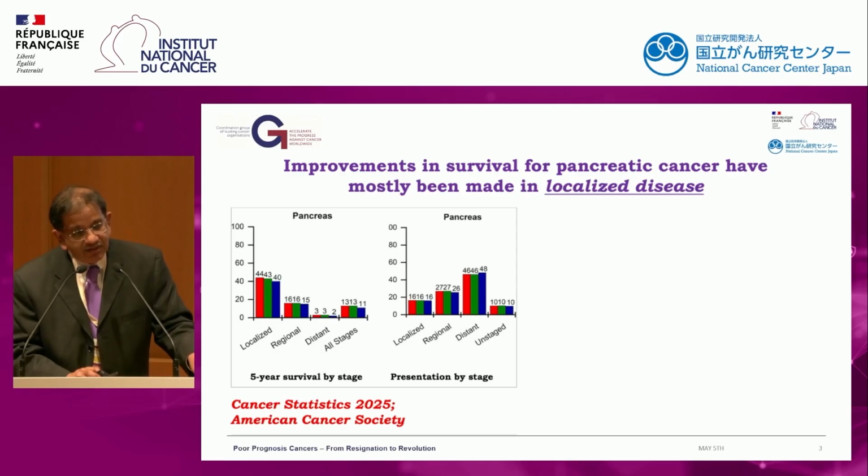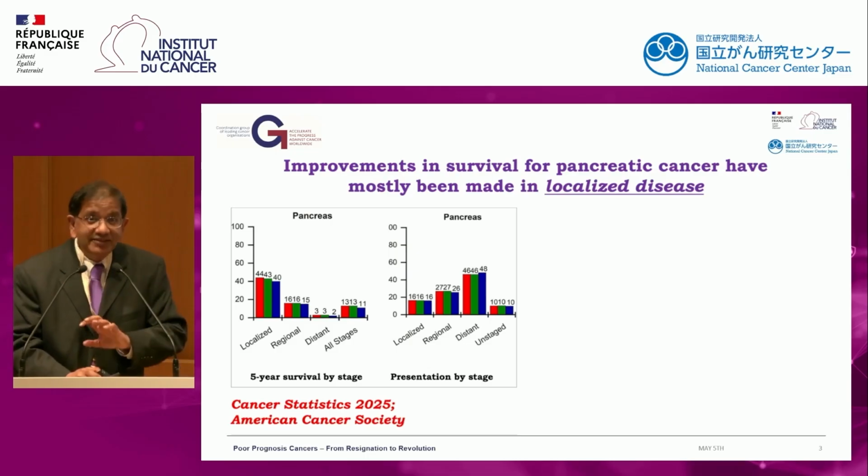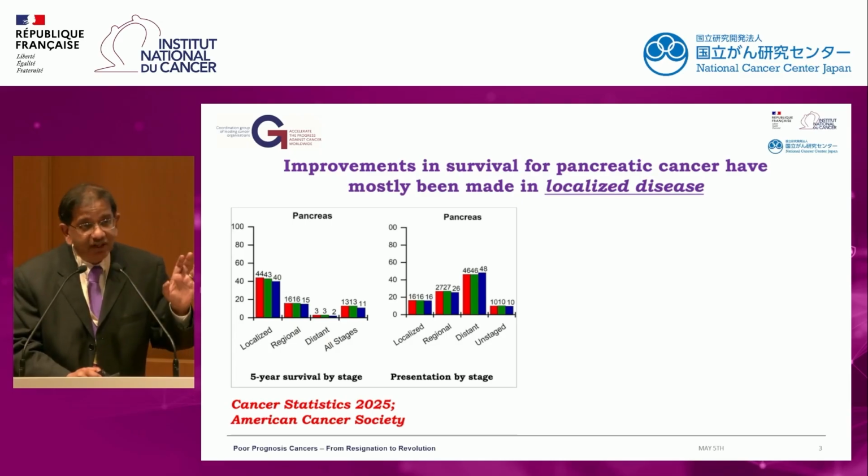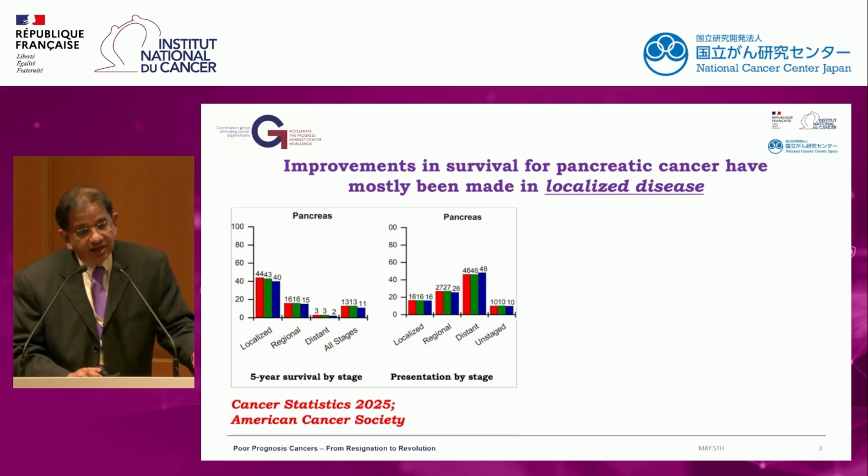You can see here that, unfortunately, while the 5-year survival for localized disease is approaching 50% now, which is remarkable, distant metastatic disease is still only 3%. And unfortunately, those patients and the regional disease patients, on whom you cannot perform surgical resection of the tumor, tend to be the majority of individuals.